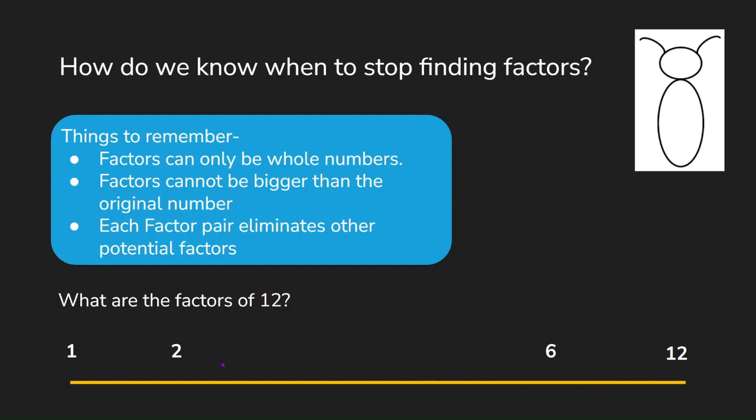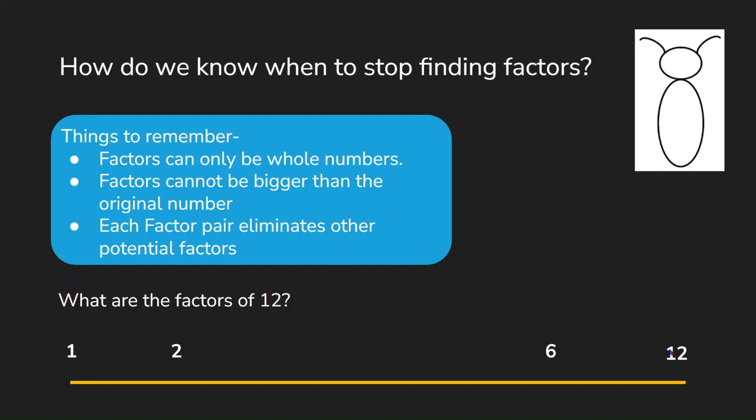We can continue this process. The next factors are 2 and 6. 2 times 6 gives you 12. And this has actually eliminated a bunch of other potential factors. There are no whole numbers between these, but there are a bunch of whole numbers between these: 7, 8, 9, 10, 11.